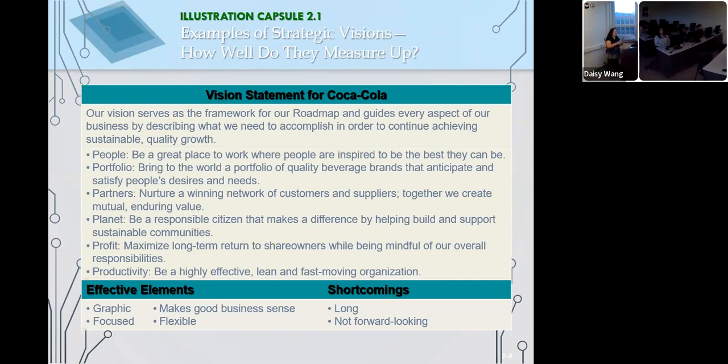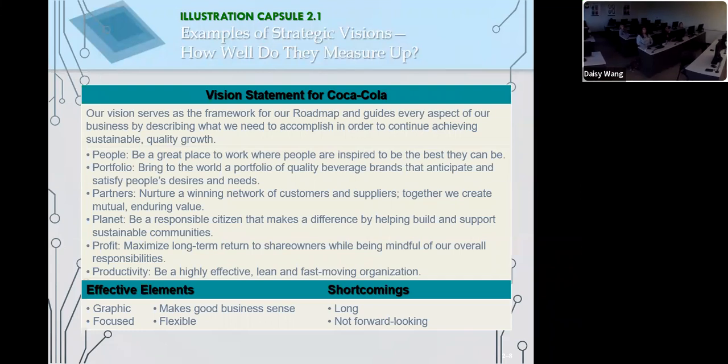Our vision serves as the framework for our roadmap and guides every aspect of our business by describing what we need to accomplish in order to continue achieving quality growth. People, be a great place to work where people are inspired to be the best they can be. Portfolio, bring to the world a portfolio of quality beverage brands that anticipate and satisfy people's desires and needs.